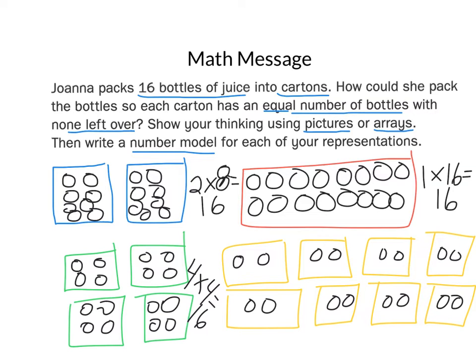And right here, I have 8 groups, and I have 2 juices in each of those cartons for a total of 16. Another option that I didn't put on here because I didn't think it was a very good use of cartons was I could have 16 cartons with 1 bottle of juice in each carton.